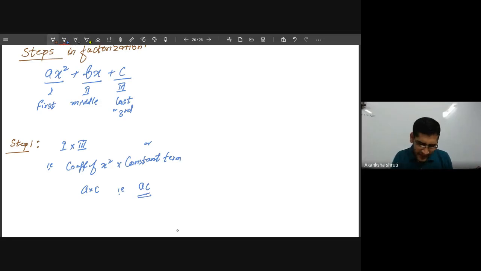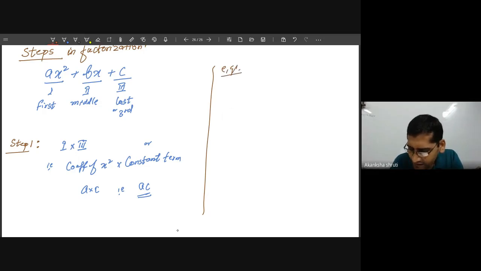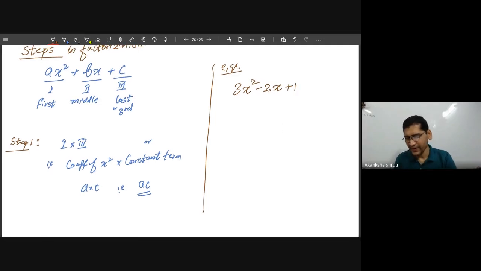In parallel, I am going to take one example also. Let me take the example 3x square minus 2x plus 1. So what is the first step? Step 1 here.